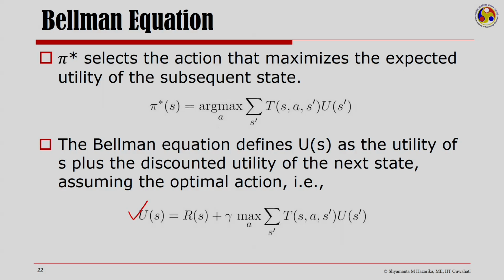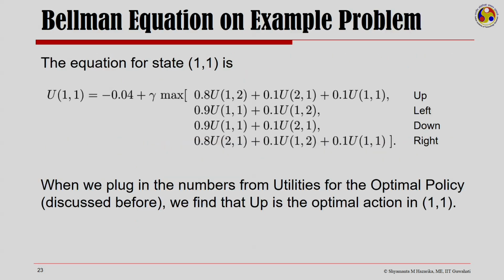So, for our example problem, if I want to evaluate the utility of (1,1) given the Bellman equation, then I have its own reward plus the discount factor, and then I am looking at the maximum over the actions.